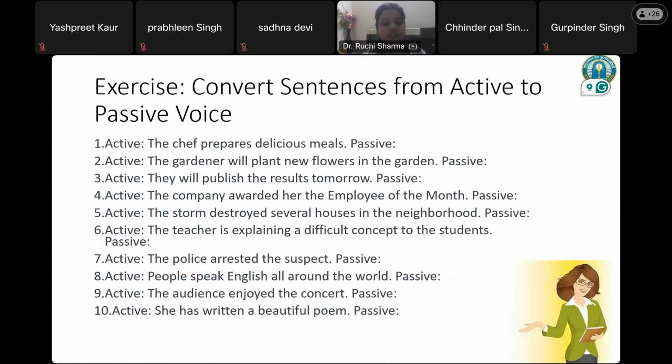Next, let's move to the sixth sentence. The teacher is explaining a difficult concept to the students. Okay, yes. I'm sorry, I didn't know. I think somebody wrote an answer. Kuldeep wrote an answer in the chat box. Let me check it. Kuldeep, you wrote a message, but why can't I see it?